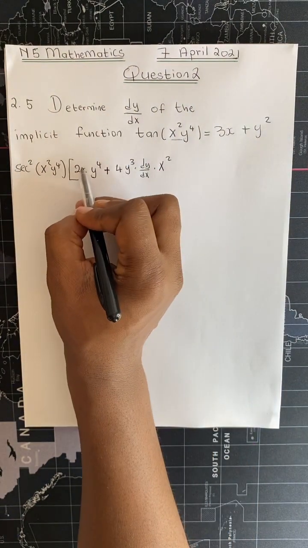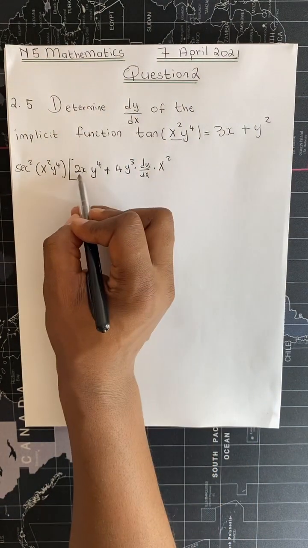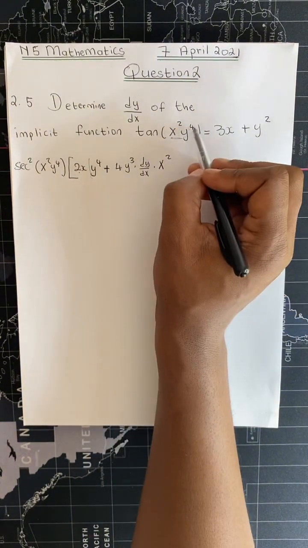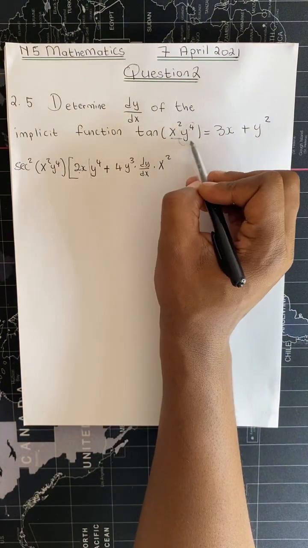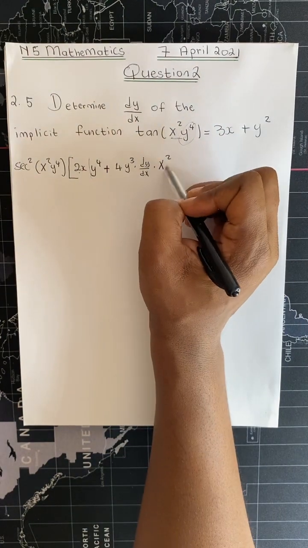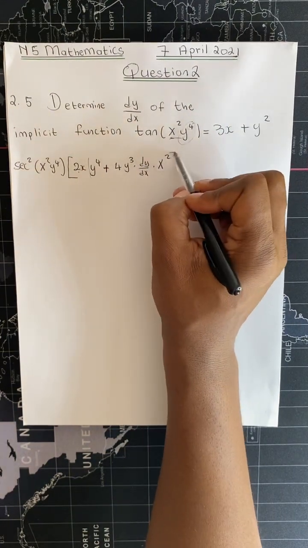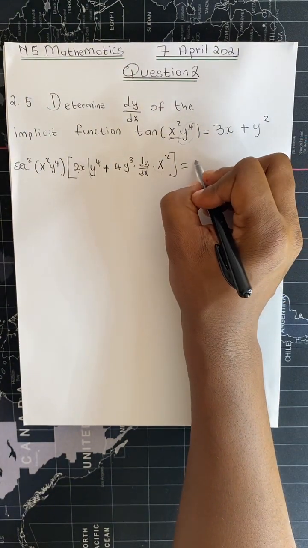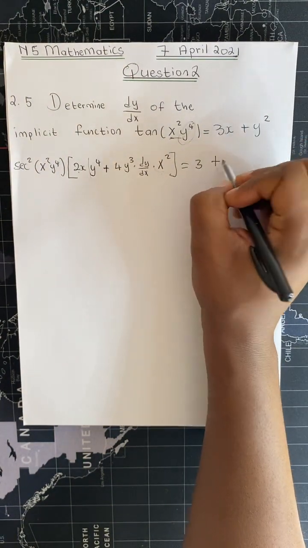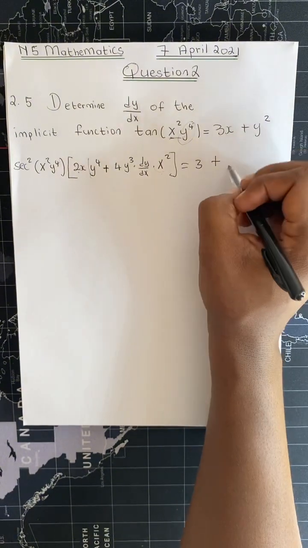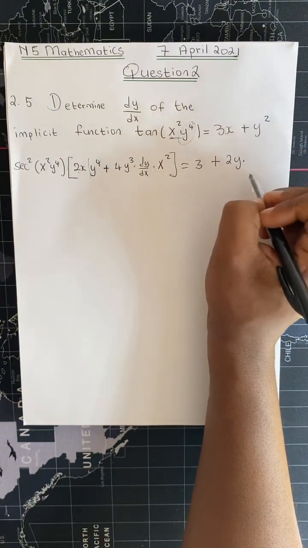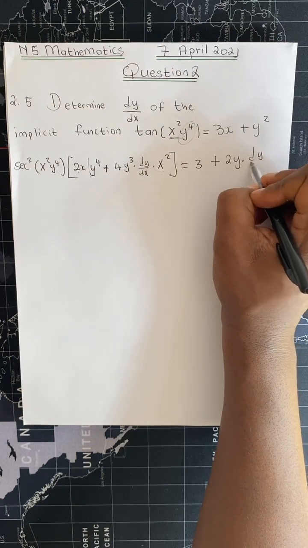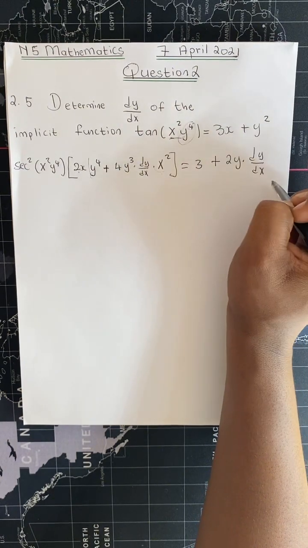So in this case, we differentiated the x squared, it was 2x, we multiply it with the y to the power 4. This time around, we differentiated the y to the power 4 and we multiply it with the x squared. The derivative of the 3x is equal to 3, and the derivative of y squared is 2y, but each and every time when we differentiate anything which has y, we have to write the dy over dx.